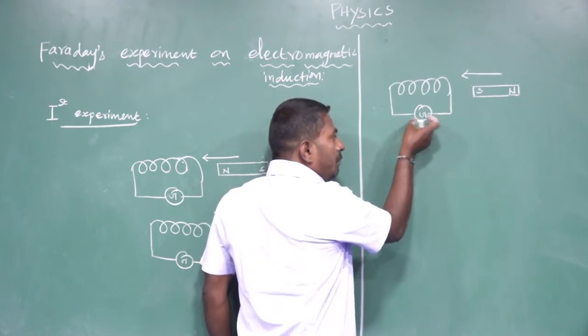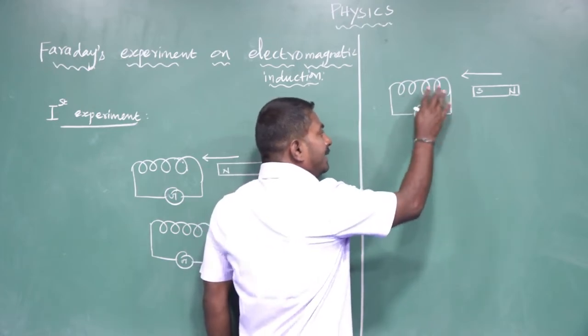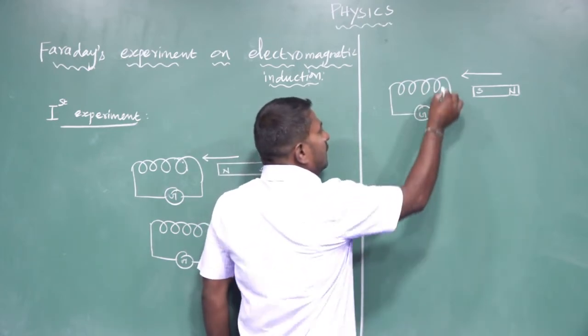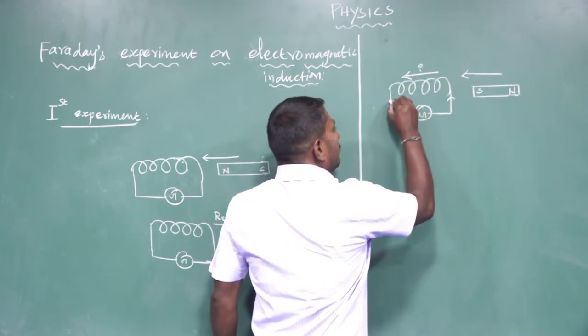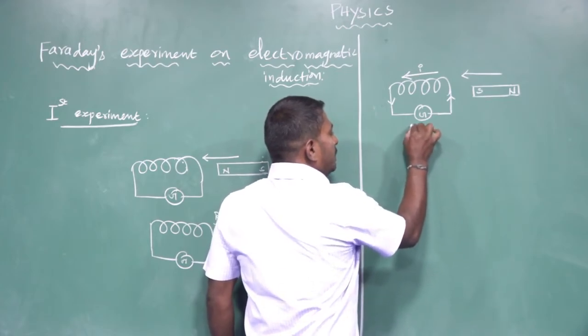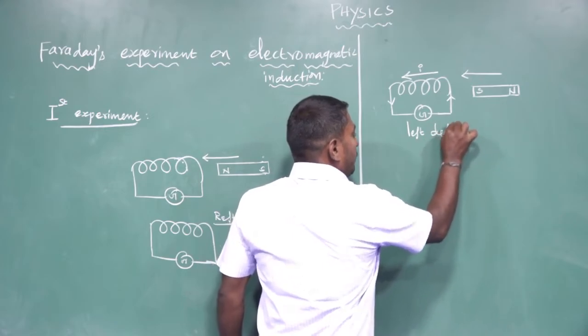We notice the galvanometer shows a momentary deflection, which indicates that electric current is set up in the closed circuit. That electric current flows along this direction. The galvanometer shows a left deflection.